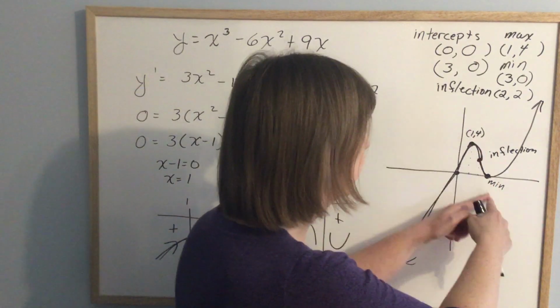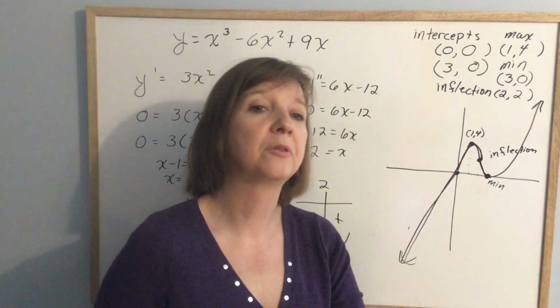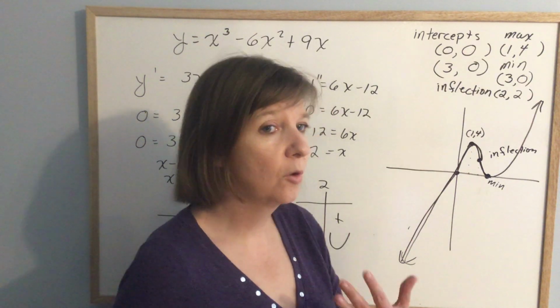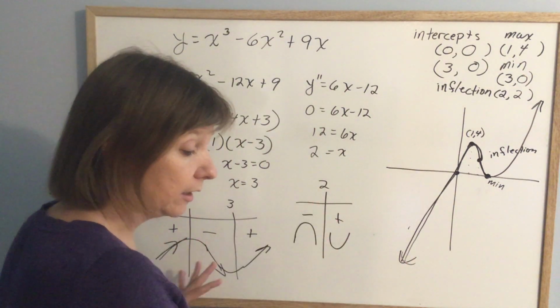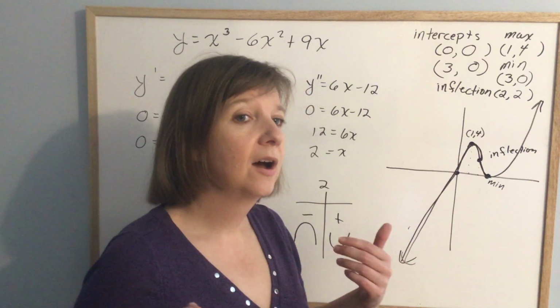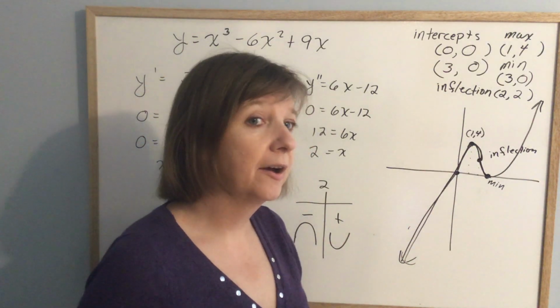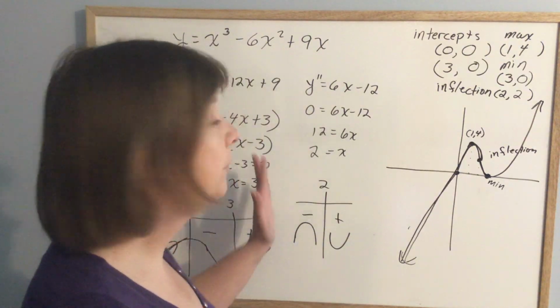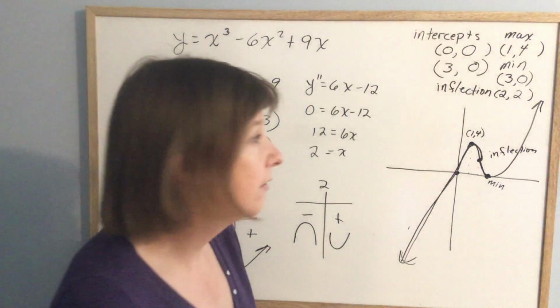It already gave me the general shape of what the graph was going to look like. So that's why I do it the way I do it with these little tables. They don't necessarily do that in the textbook. I do, just because it helps me get a better visual in my head. That's all.